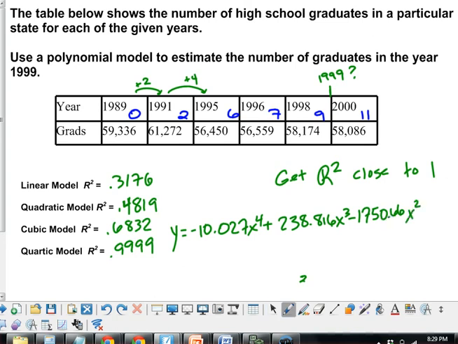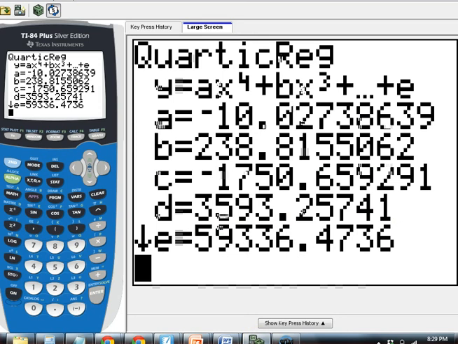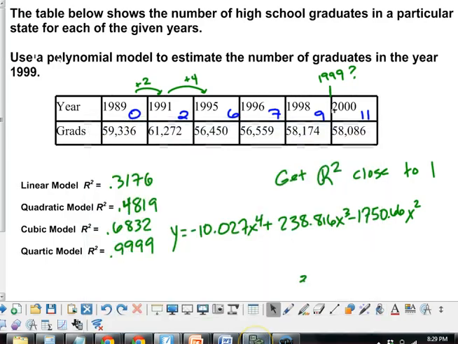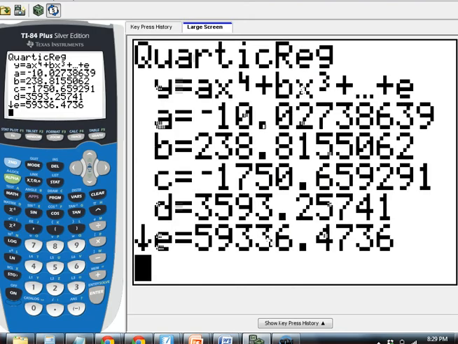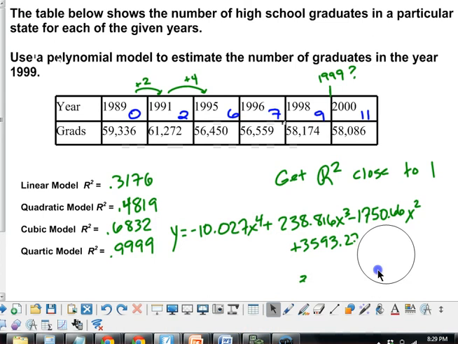And then we've got plus 3593.257x. Wow, okay. And that was 257, wasn't it? Sorry.